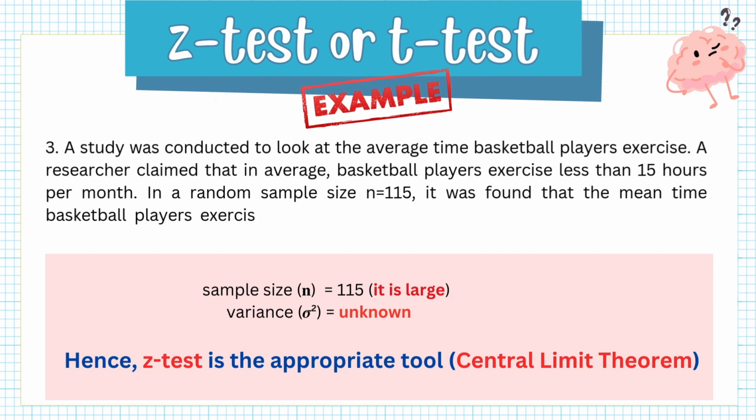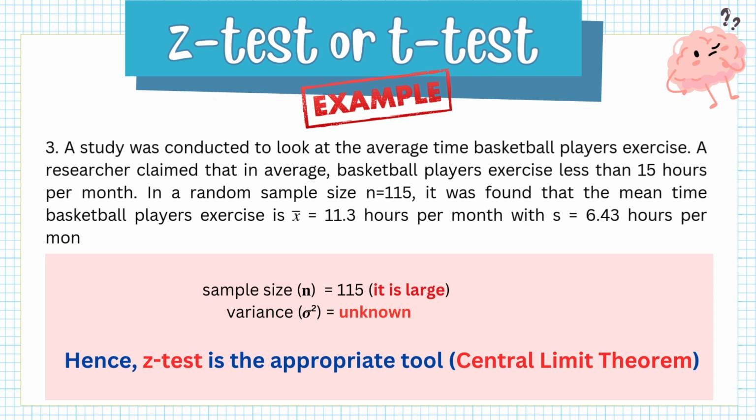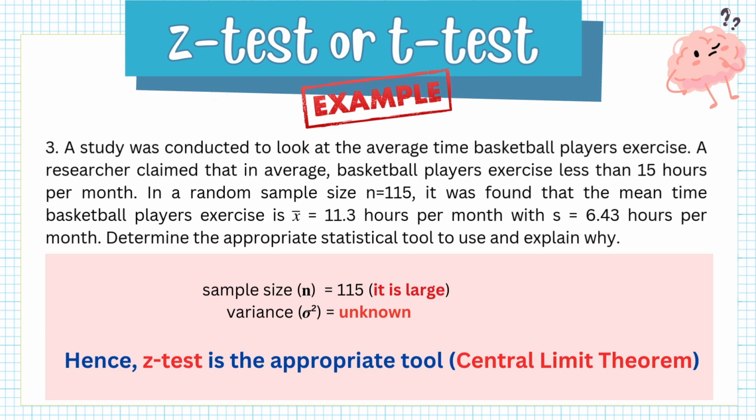In a random sample of size n equal to 115, it was found that the mean time basketball players exercise is 11.3 hours per month with an s of 6.43 hours per month. Determine the appropriate statistical tool to use and explain why.